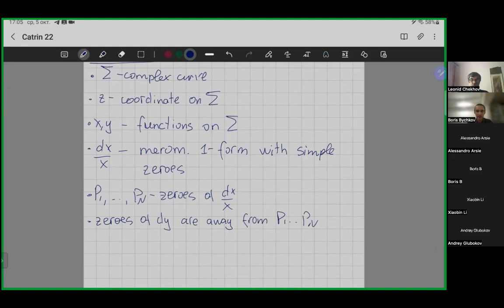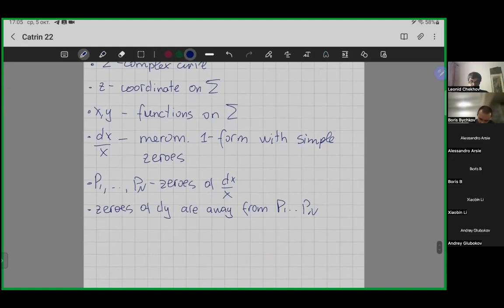We have omega 0,1, which is y dx over x, in the coordinate z, and omega 0,2, which is dz1 dz2 over (z1 minus z2) squared.